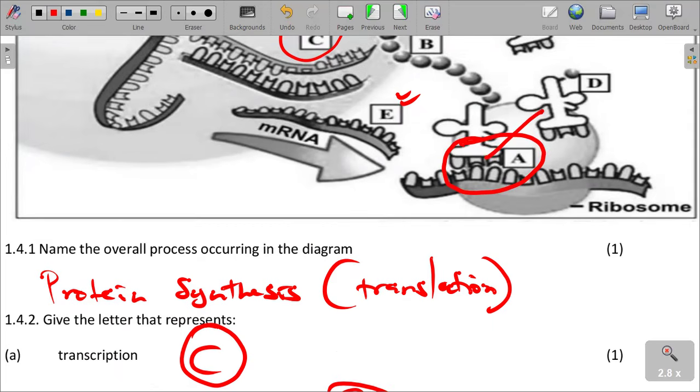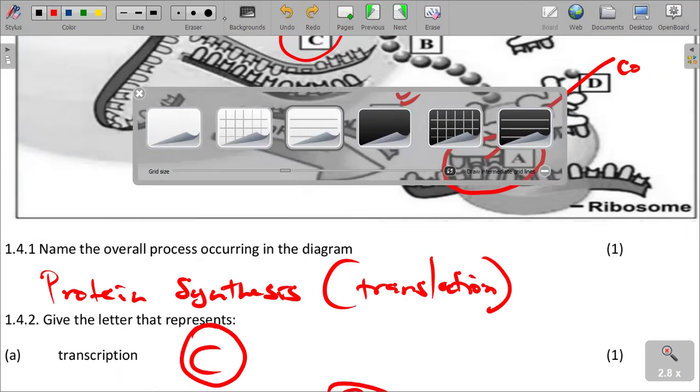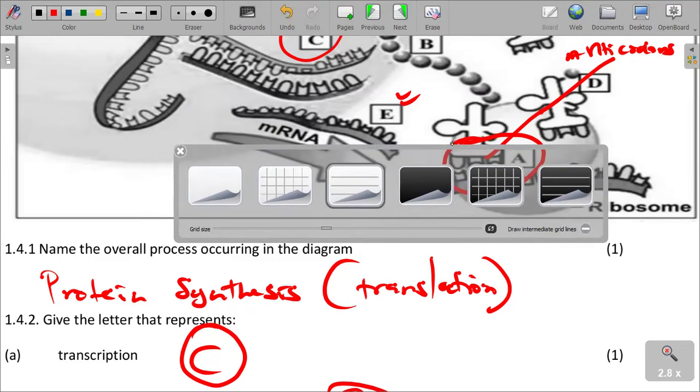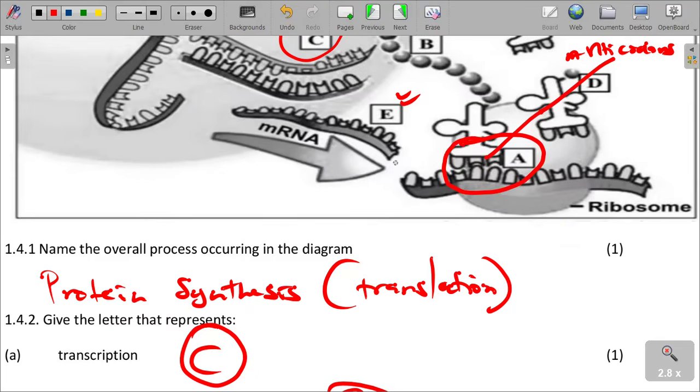On tRNA we have the anticodons, and on mRNA we have the codons.